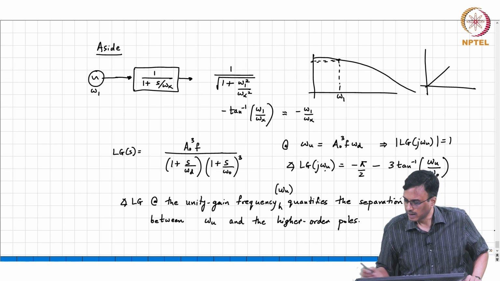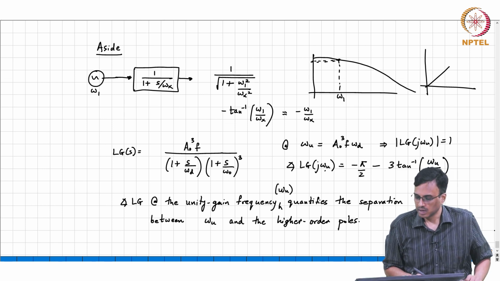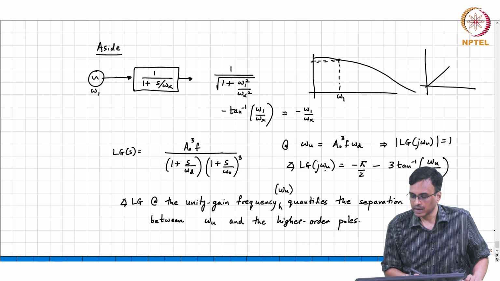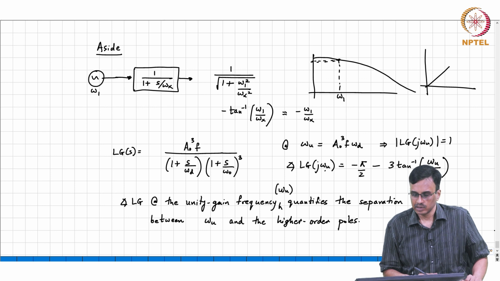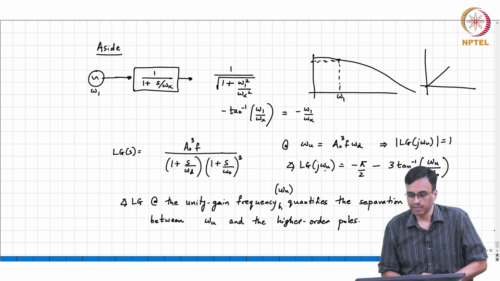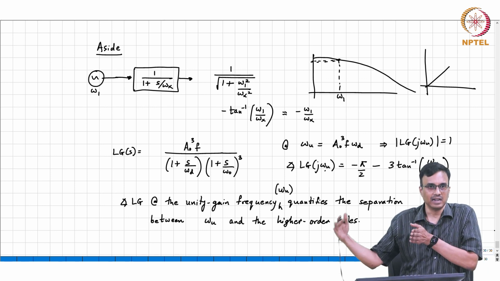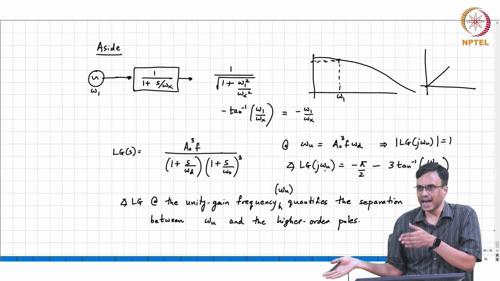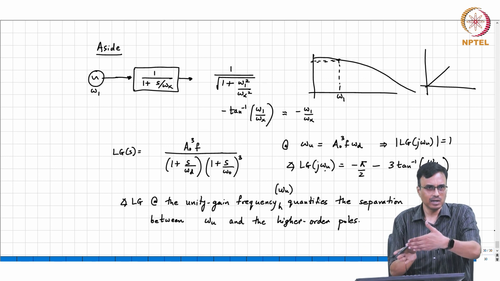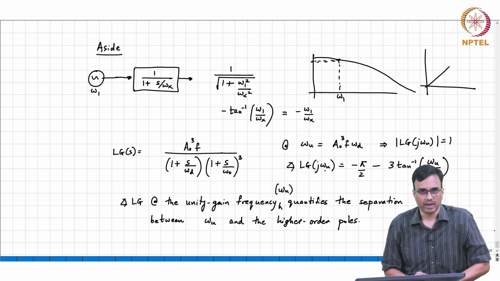And so the closer the angle of the loop gain at the unity gain frequency becomes to 180 degrees, the more we need to be worried about instability. So, a way to quantify that is to look at the difference between 180 degree phase lag and the actual phase.